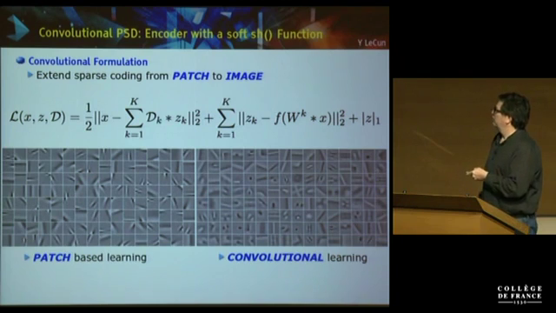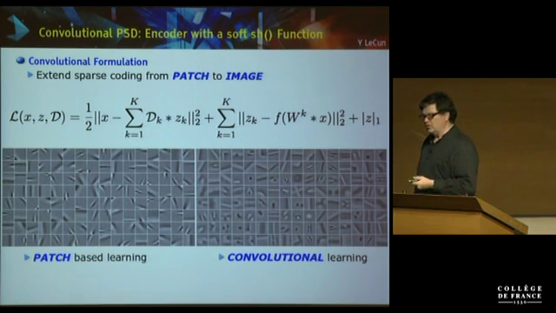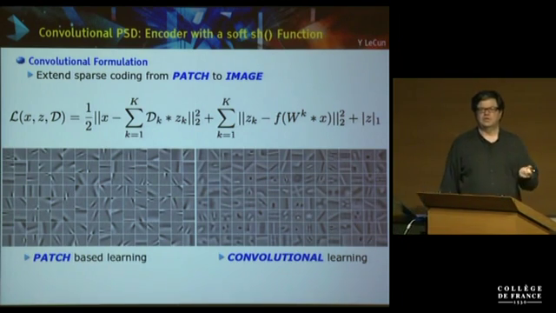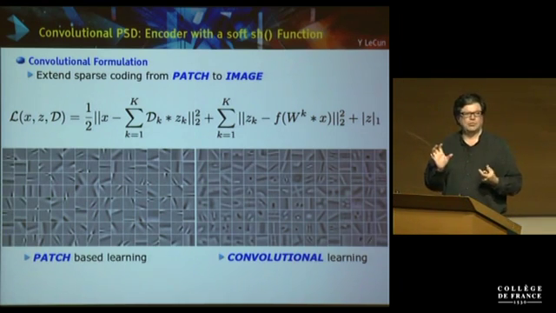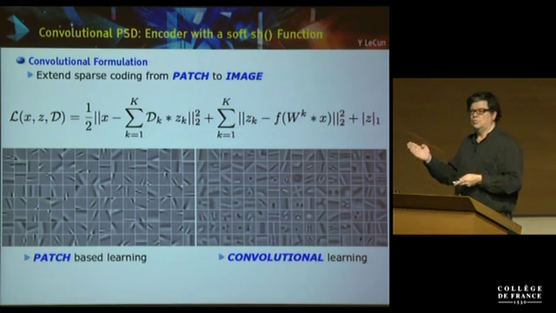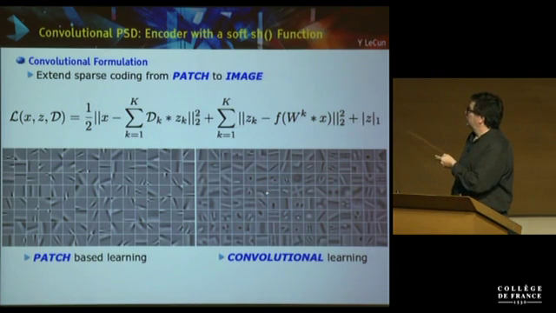In the convolutional nature of this operation, what happens is that the system can spend its resources on producing filters that are far more diverse. Instead of having shifted versions of the same filter several times, it has more diverse filters. This is what you obtain with convolutional learning.